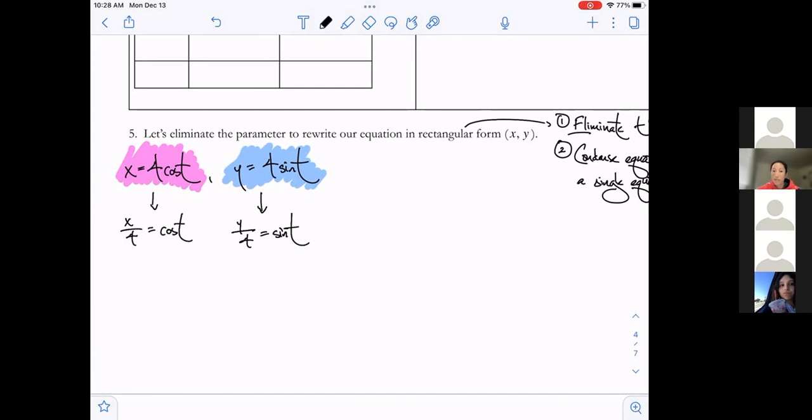You said also take the inverse. Do you want me to take the inverse of both equations or just one of them? Okay, let's test it out for x. So if I take the inverse on this one, what inverse function would I use?